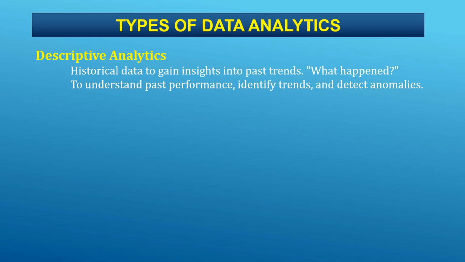By analyzing descriptive analytics, organizations can understand past performance, identify trends, and detect anomalies that require attention. Dashboards and scoreboards are common tools used in descriptive analytics to present summarized data visually. For instance, a sales dashboard can show monthly sales trends, regional performance, and product performance metrics.